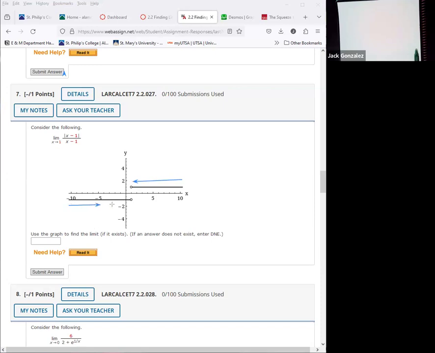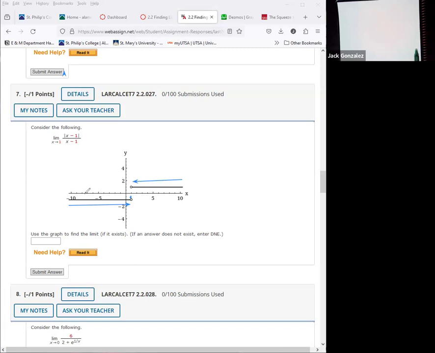Approach from the left side, it's going to -1. So as the x values approach from the right side, the function is going to 1 on top, and -1 from the left side.